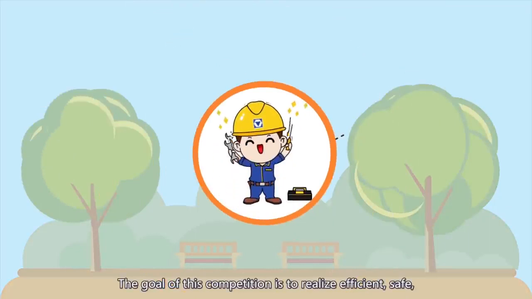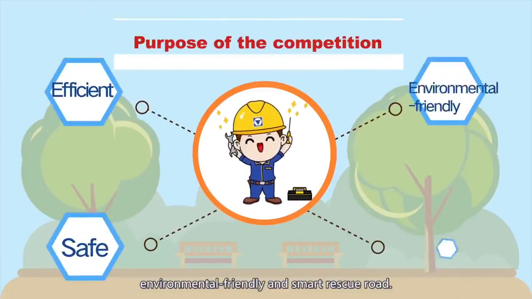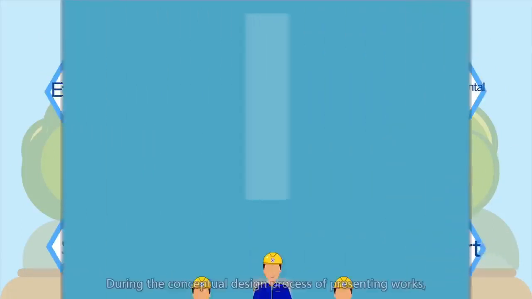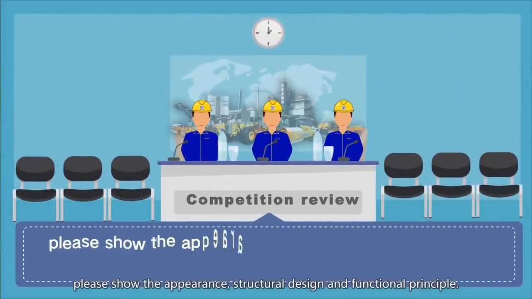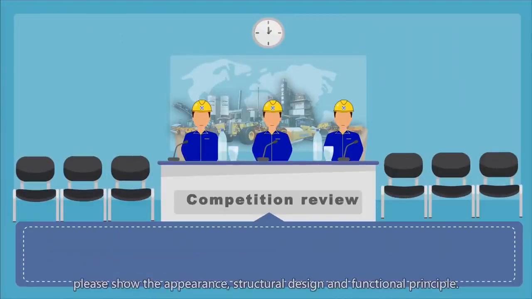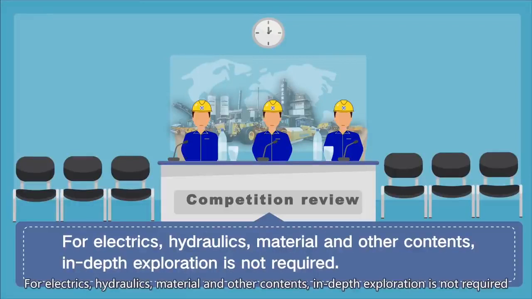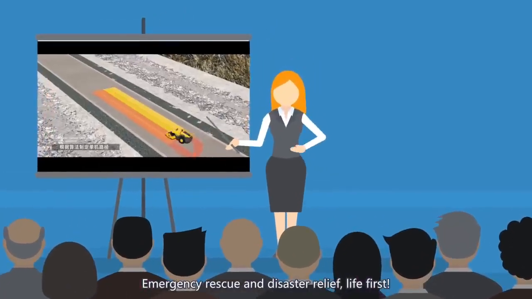The goal of this competition is to realize efficient, safe, and environmental-friendly and smart rescue road. During the conceptual design progress of presenting works, please show the appearance, structural design, and functional principle. For electrics, hydraulics, material, and other contents, in-depth exploration is not required. Emergency rescue and disaster relief. Life first.